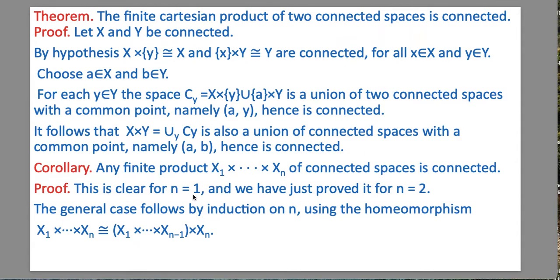We know that this theorem is true for n equal to 1, and we have just proved it for n equal to 2. The general case follows by induction on n using the homeomorphism, because X1 cross ... cross Xn is homeomorphic to (X1 cross ... cross X(n-1)) cross Xn, because we have proved it for n equal to 1 and n equal to 2. So by induction, this theorem can be proved for n spaces.